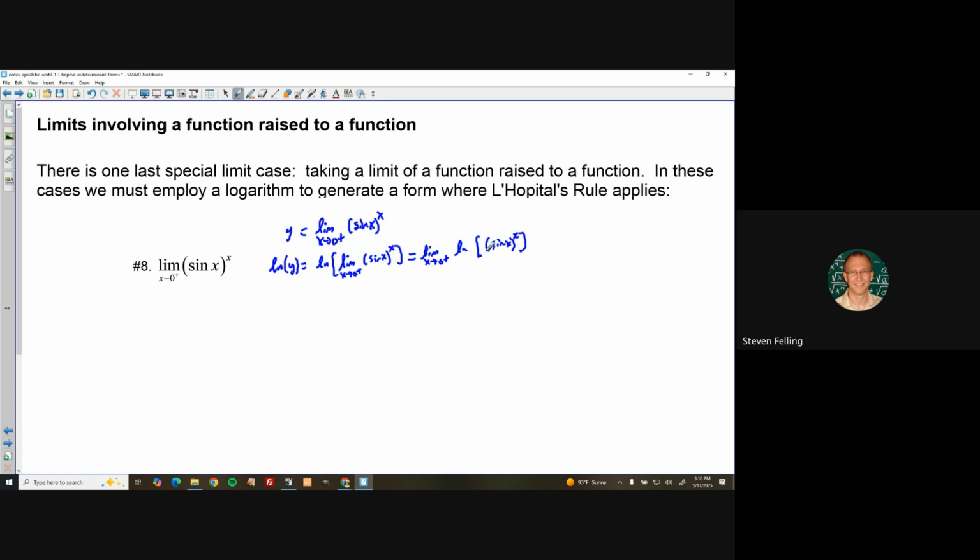But because this is a log now, and we have the entire argument to the log being raised to the x, this x can come down on the outside. So now I can write natural log of y is equal to the limit as x approaches 0 from the right of x times natural log of sine of x.